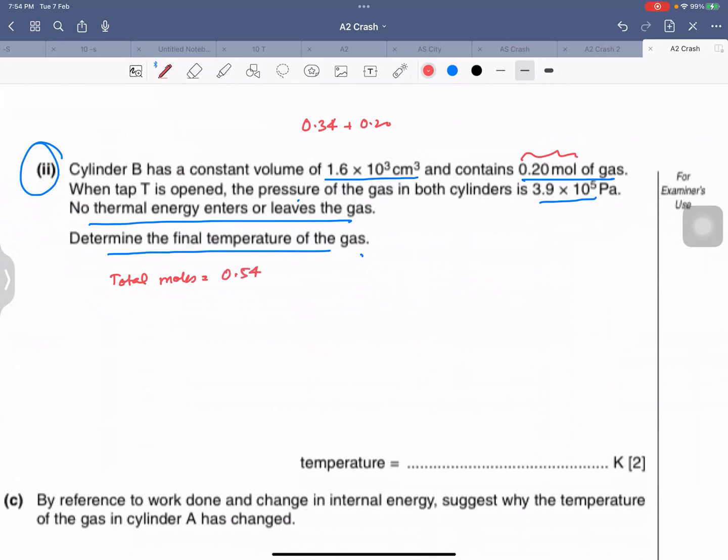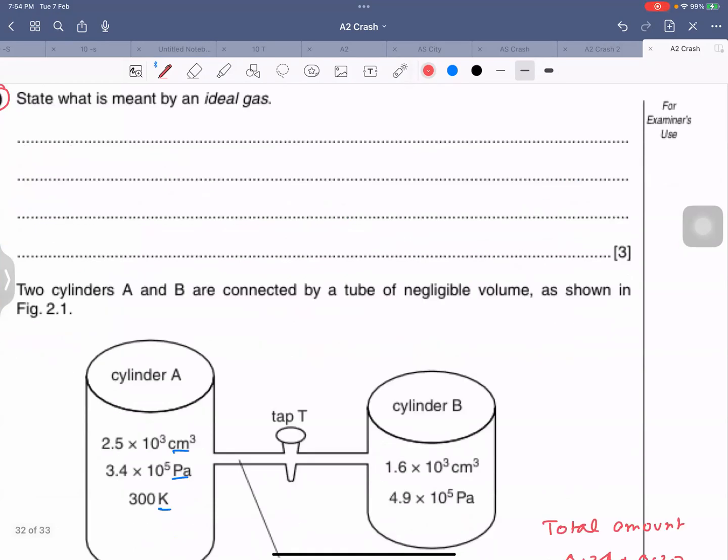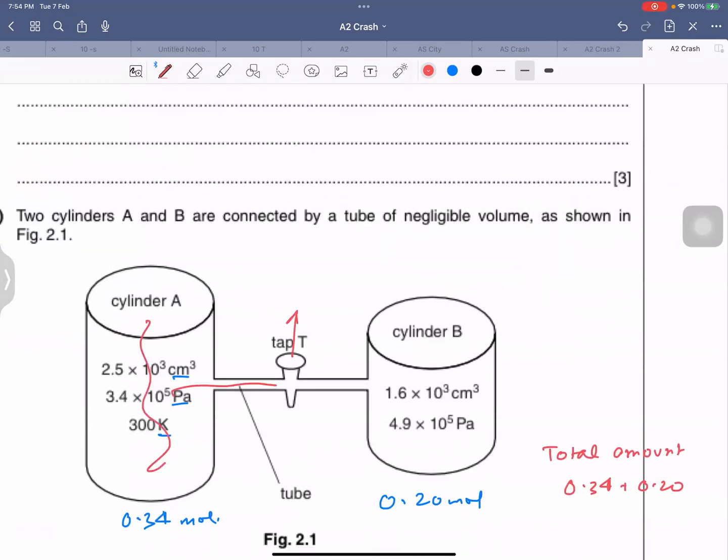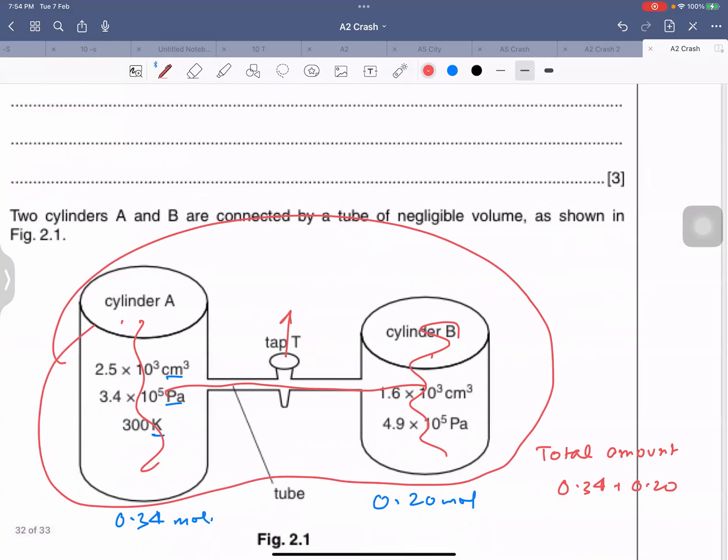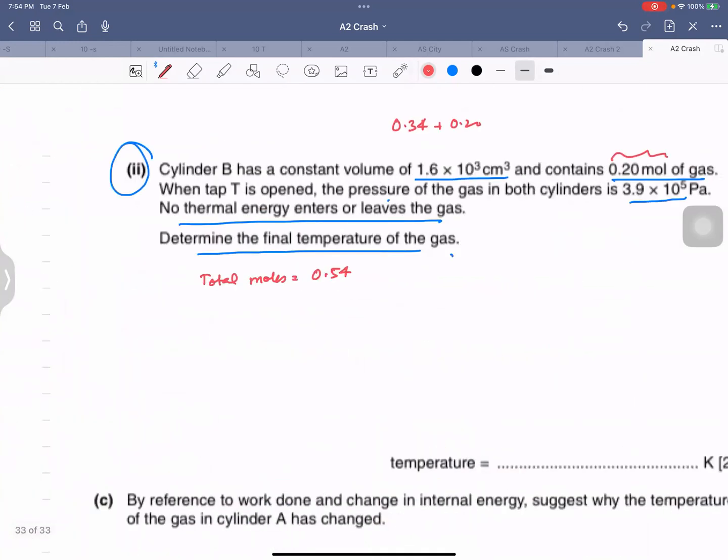Then, obviously, when you open this tap, all this gas in cylinder A and cylinder B becomes one whole system. You agree? Now, what it means is you also need to find the total volume, because now the volume is combined.